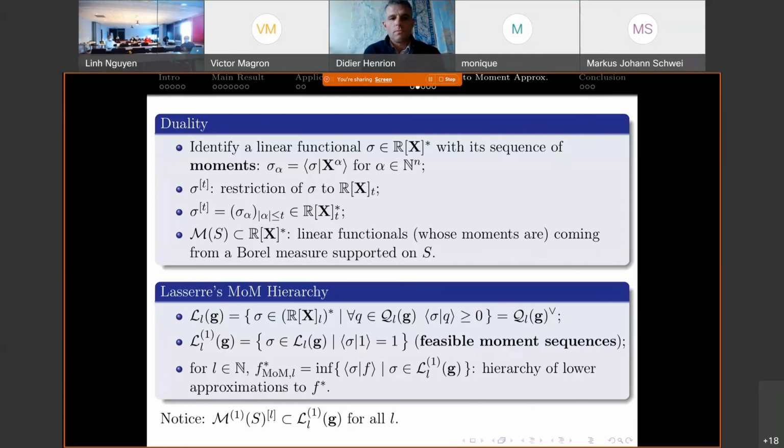Sure, but it's mostly a terminology issue, in the sense that in this curly L, small l of G cone, which is dual to the quadratic module, there are elements which do not come from a measure. Yes, exactly.